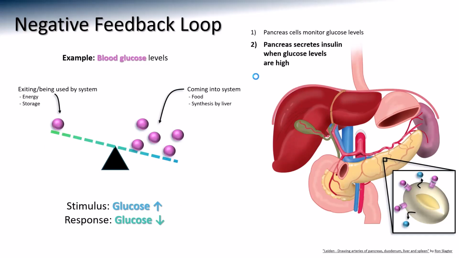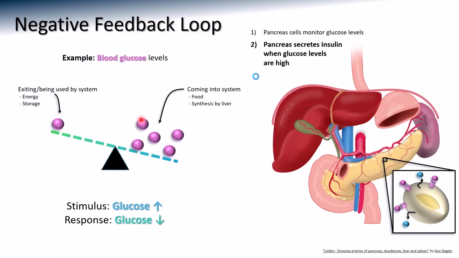Let's mess this up a little bit. Let's pretend we just ate a big meal, and now we have a lot of excess glucose in the blood that's come in from digesting that meal. This has thrown our system out of whack. We've got way more than is being used by our system. In this case, the pancreas, being the responsible pancreas that it is, is going to secrete a hormone called insulin. So this blue hormone right here. And this is going to assist the different organs in your body in using this glucose, basically. We won't go into too much detail.